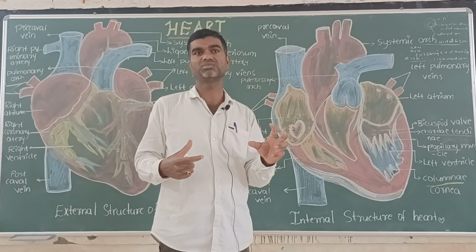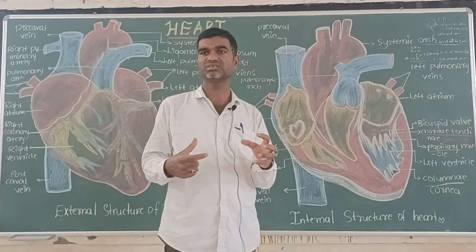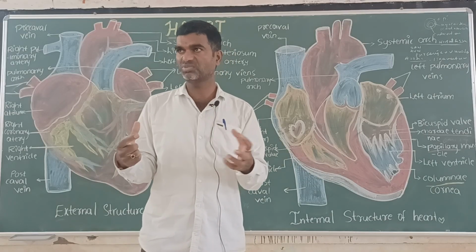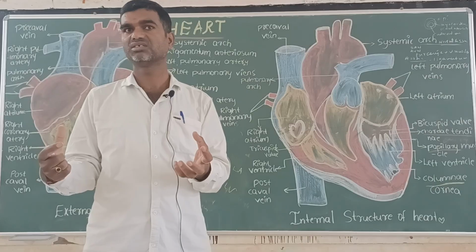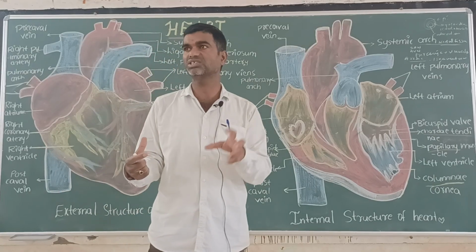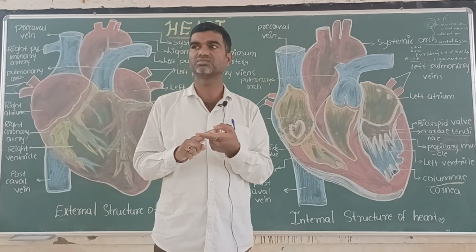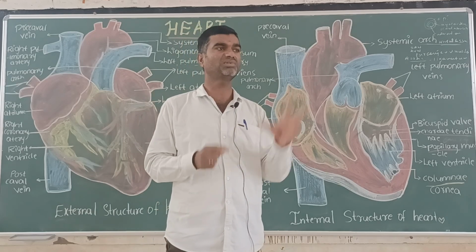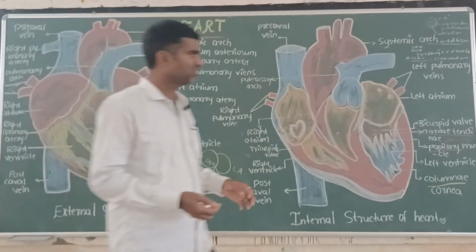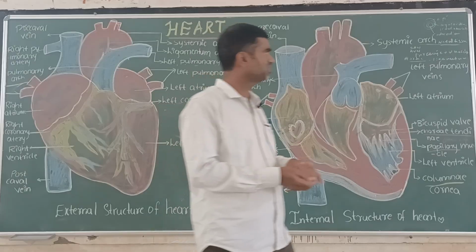So lub, dub both come in a systematic way, rhythmic contractions and rhythmic relaxations. The sound comes from the SAN node. SAN means sinoatrial node, commonly called a pacemaker. So it works like a pacemaker.